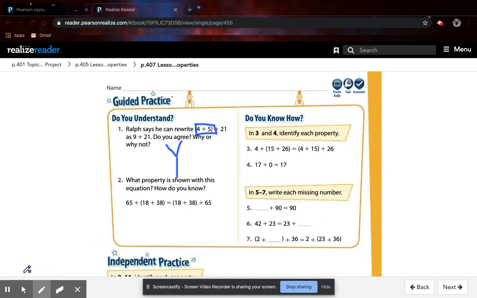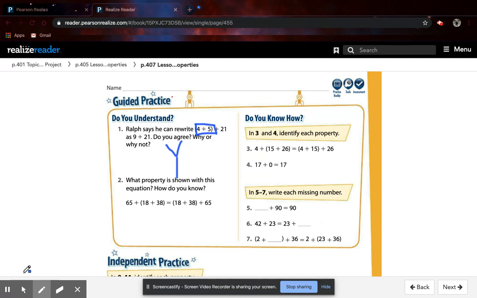Okay. Number 2, what property is shown with this equation? How do you know? So I'm hoping that you put the commutative property. And I know some of you are looking at it saying, well, there's parentheses. How is it not the associative property?